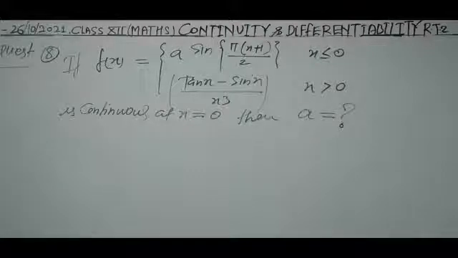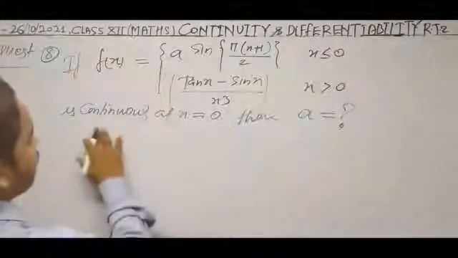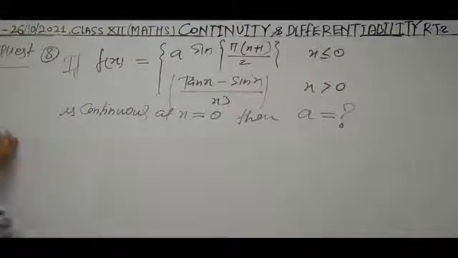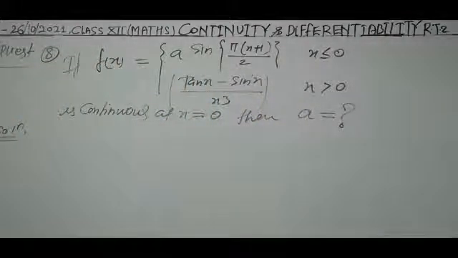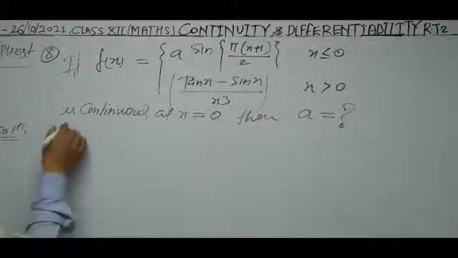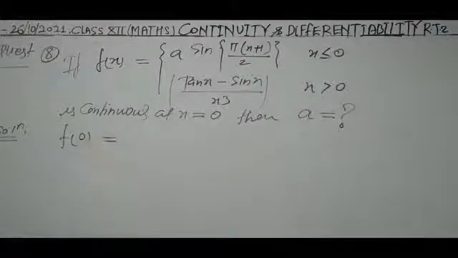In this question we have to find the values of a for which the given function is continuous at x is equal to 0. So see the solution. First of all, the value of the function at the given point, what will be the result from this function?